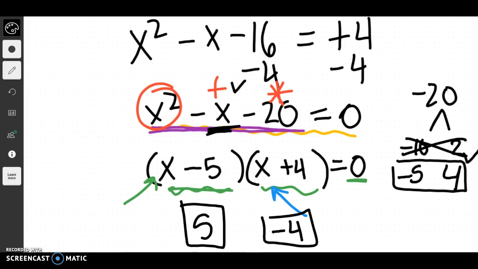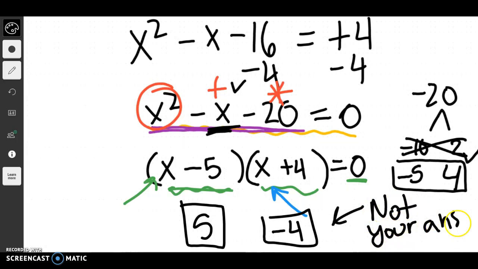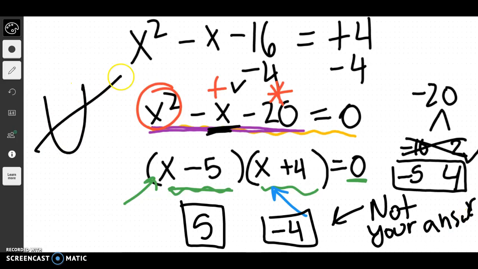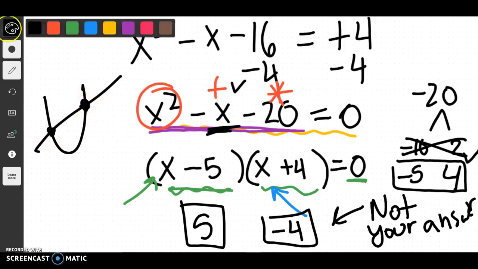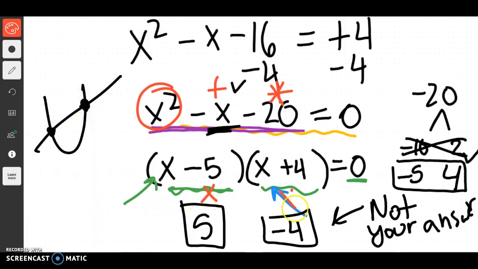This, however, is not your answer yet. Because if you remember before when we talked about this, our answers are points, and all we found were two x values. So the question becomes, if we know this one is 5 and this one's negative 4, how do we find our y values? Well, that should be simple.